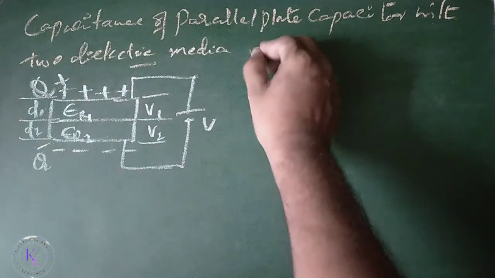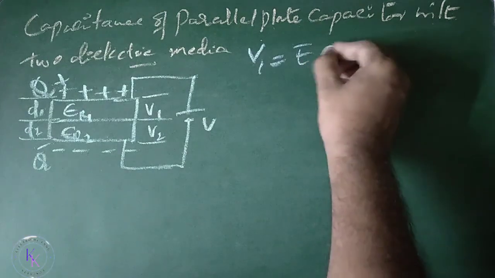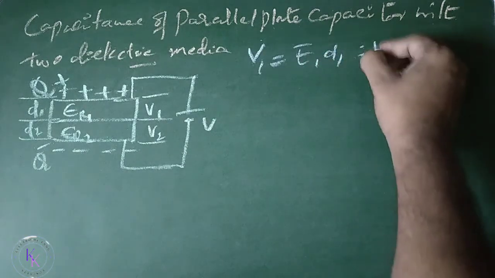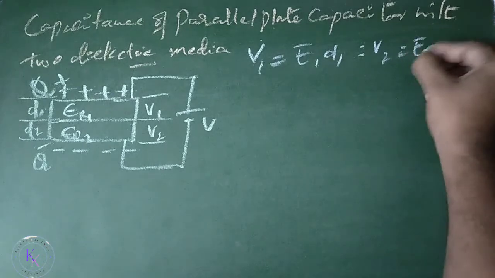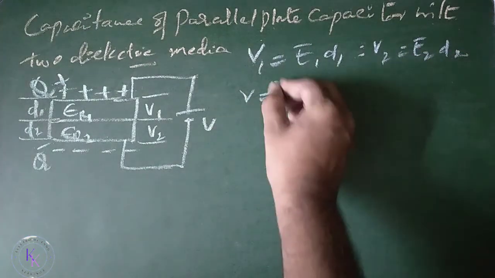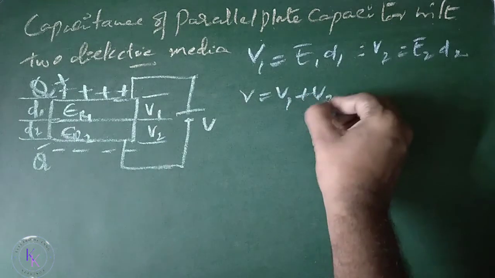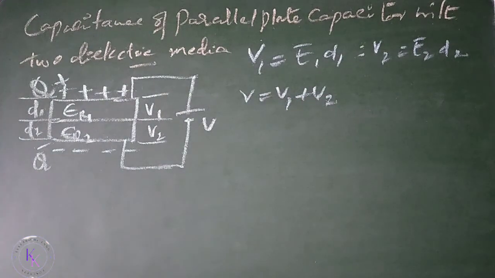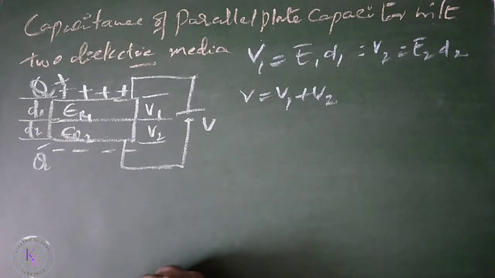V1 equals E1 D1. Similarly, V2 equals E2 D2. And voltage V equals V1 plus V2. For a dielectric interface, the normal components of the flux density are equal.